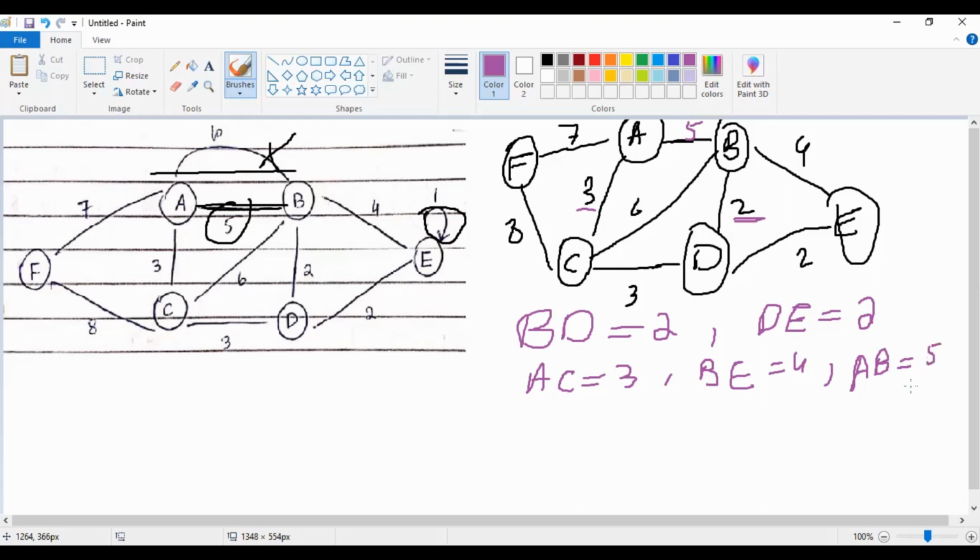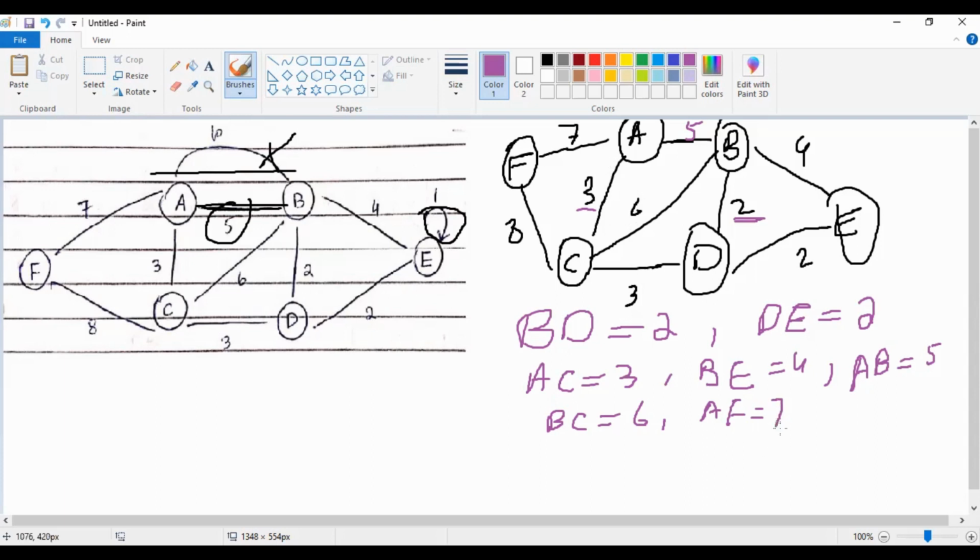Then we need to draw BC. As you see, the B to C edge weight is 6. So we need to write it as well. B to C we have a weight 6. And same like A to F, we have a weight of 7.